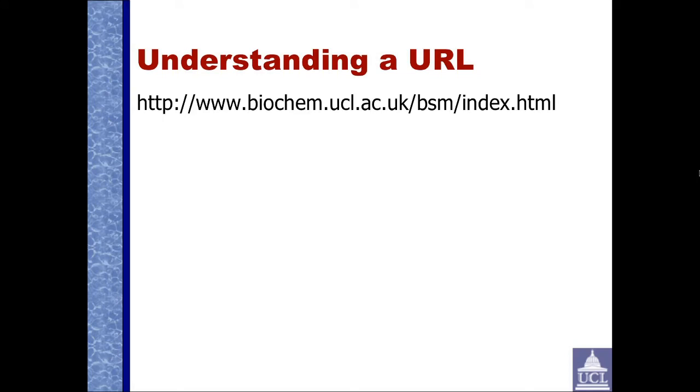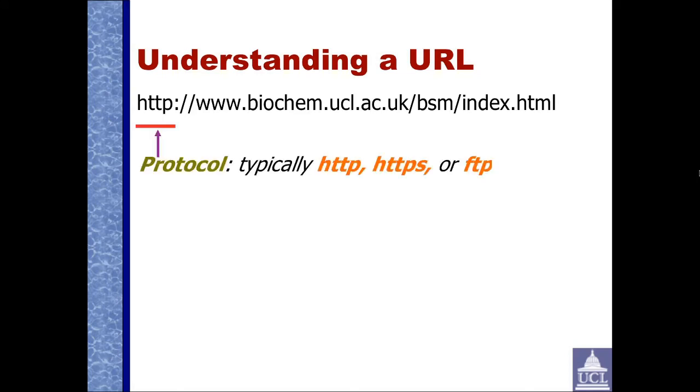If we look at a typical URL, it's split into separate parts. The first part is the protocol, typically HTTP, that stands for Hypertext Transport Protocol, or HTTPS, which is a secure version of the same thing, so the data are encrypted, or FTP, which is File Transport Protocol, and that is designed for transferring very large data files.